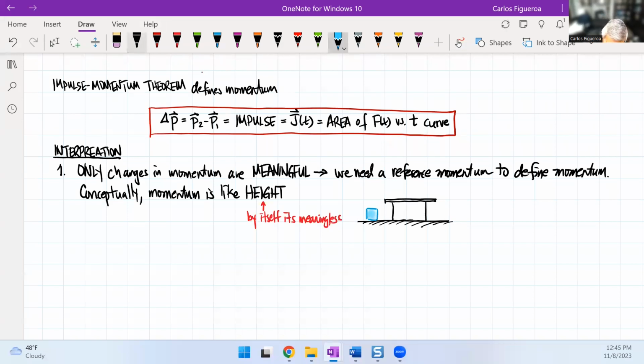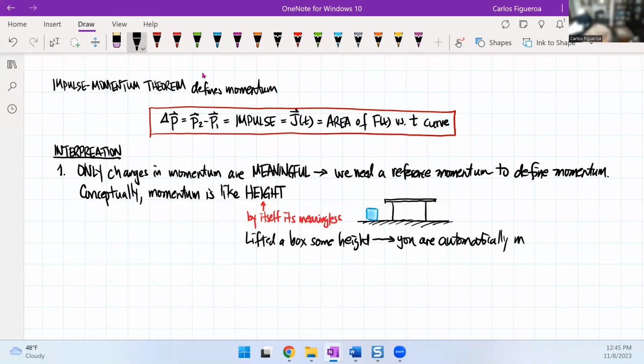So when you make a statement that you've lifted a box some height, note what this is telling you: that you are automatically making a reference to the ground.